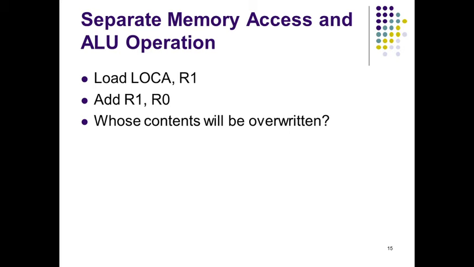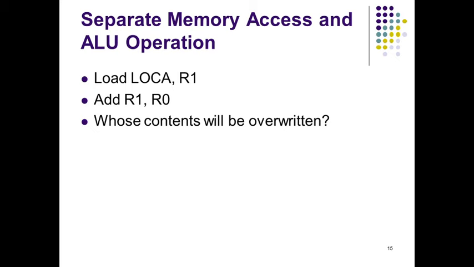The preceding Add instruction combines a memory access operation with an ALU operation. In many modern computers, these two types of operations are performed by separate instructions for performance reasons, which are explained in later chapters.